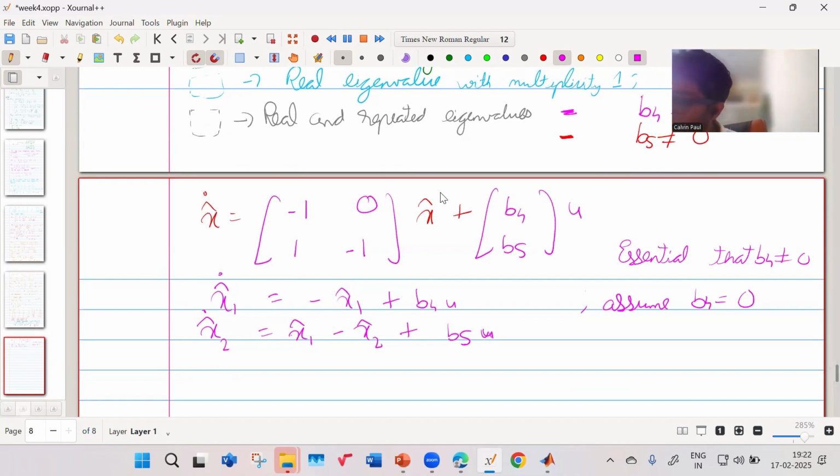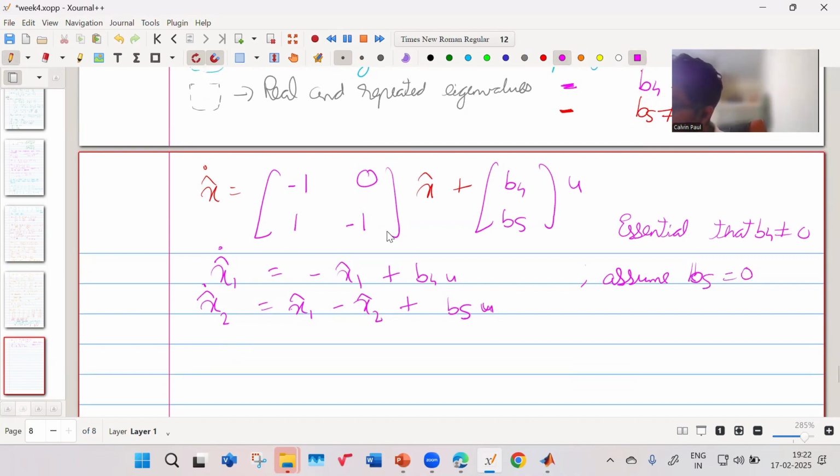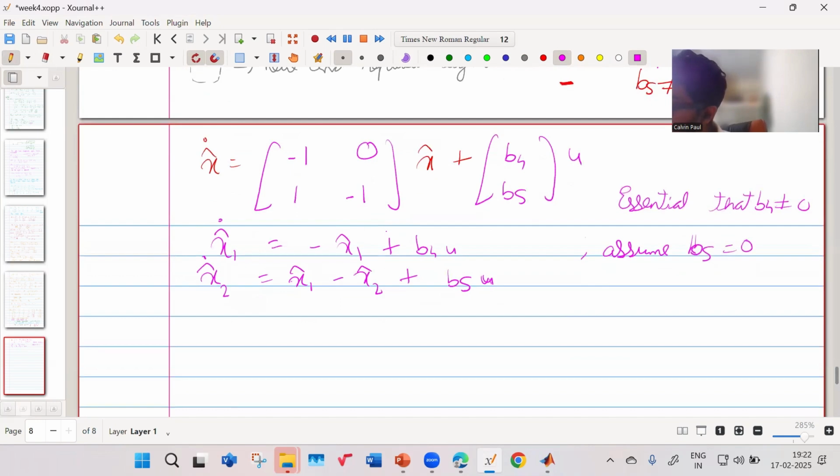Now, what if b5 is equal to 0? Can we still control it? Our system will become x1 hat dot is equal to minus x1 hat plus b4 into u, and x2 hat dot is equal to x1 hat minus x2 hat.